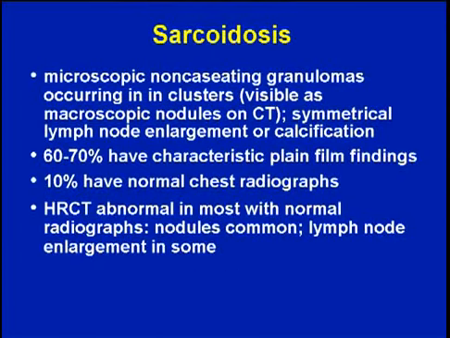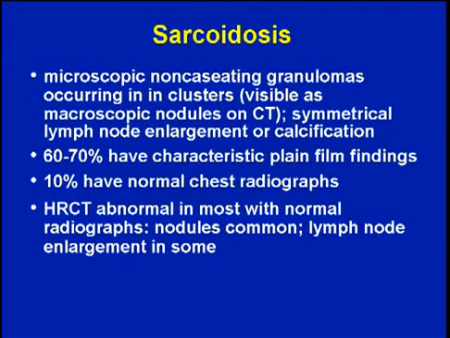Sarcoid results in the presence of microscopic non-caseating granulomas that occur in clusters, and it's the clusters we can see on CT, not the individual granulomas. Symmetrical lymph node enlargement or calcification also may be seen. 60 to 70% of patients have characteristic plain film findings that can lead you to the diagnosis. 10% or so have normal chest radiographs, and high-res CT is abnormal in most patients with sarcoid who have normal chest radiographs.